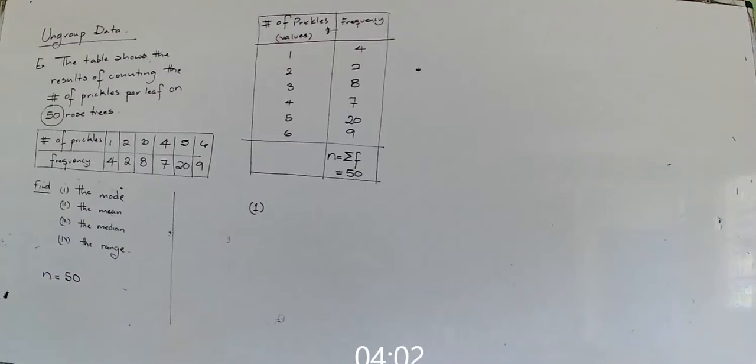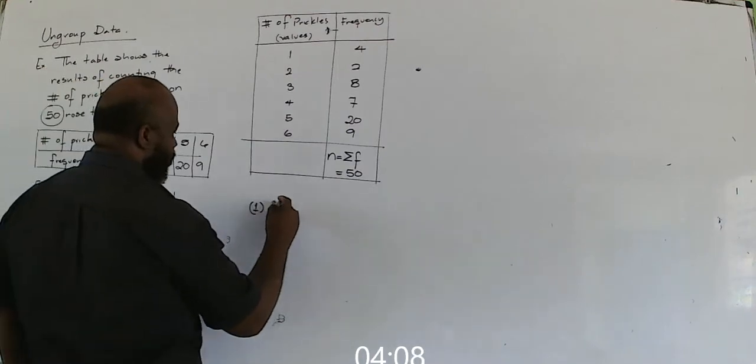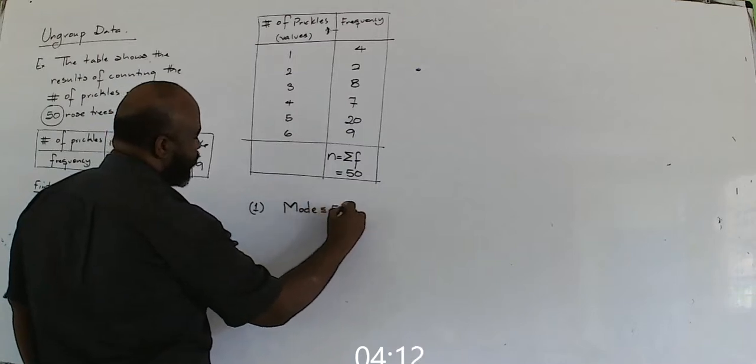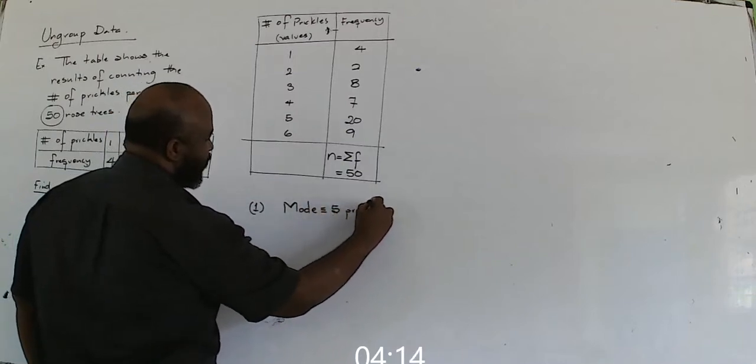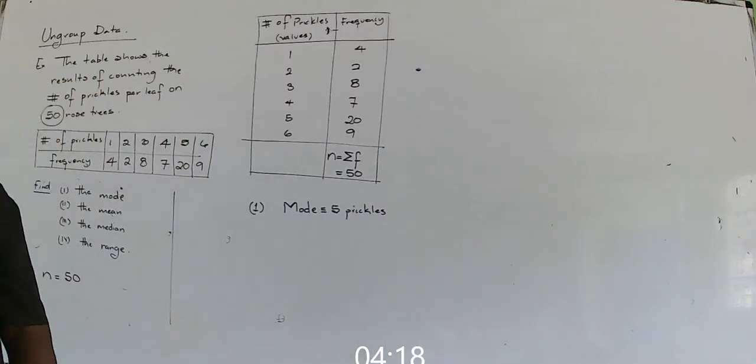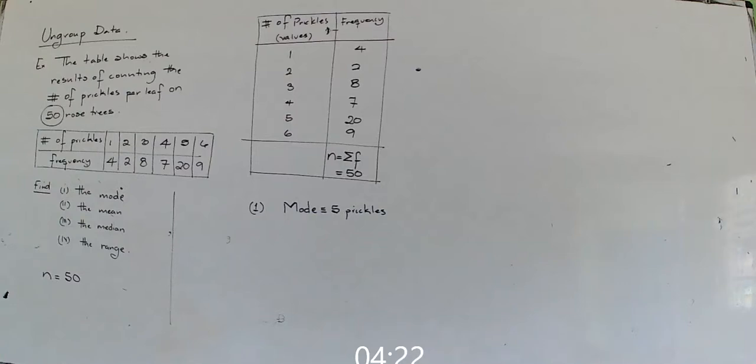The highest frequency is 20, corresponding to the value 5. The mode is 5 prickles.